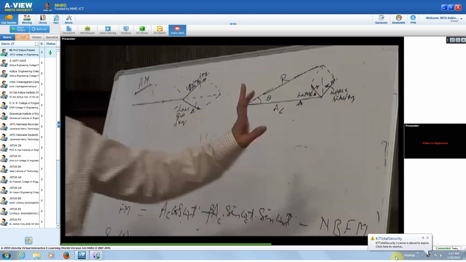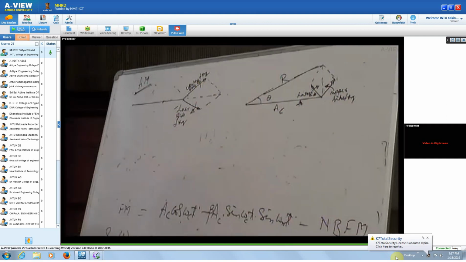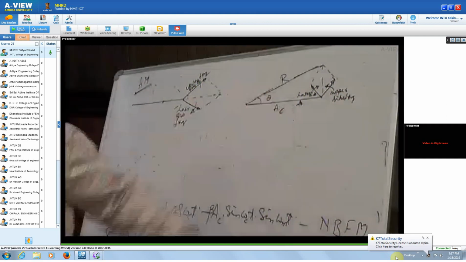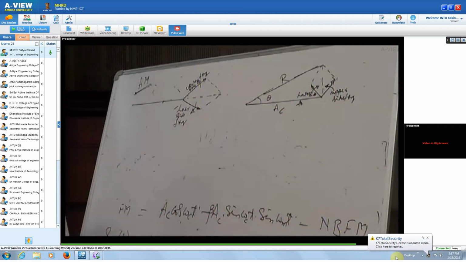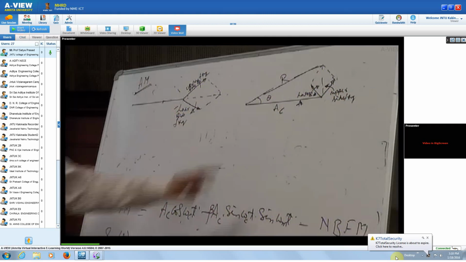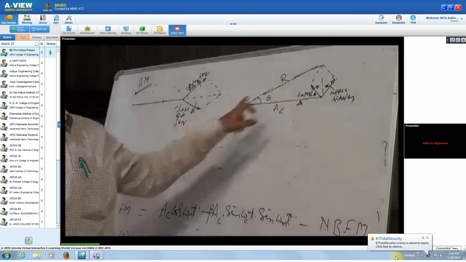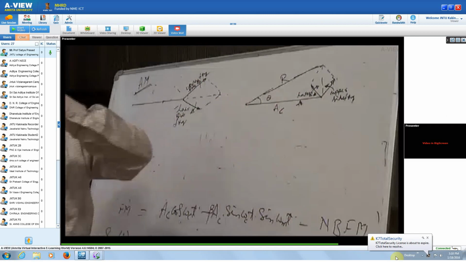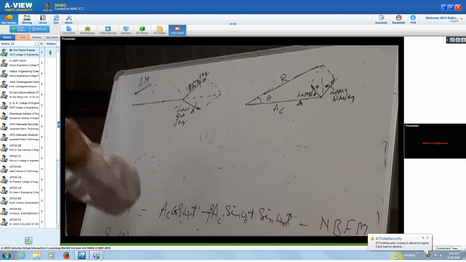The narrowband FM, not wideband FM, because wideband FM will be having all of the harmonics also. I have taken only omega c plus omega m and omega c minus omega m. Actually, in the case of FM, we said that we want to have a constant amplitude.